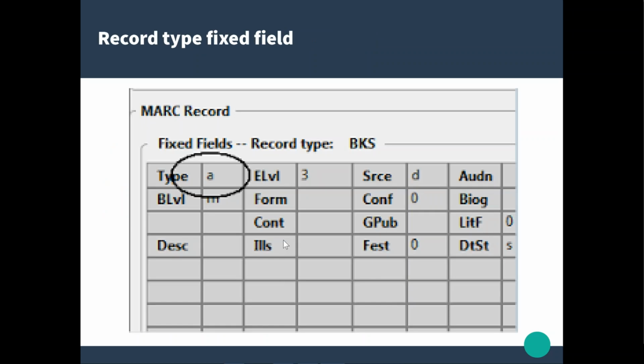And just to make sure everyone is aware, if you're trying to figure out what record type it is, you need to look in that little box at the top of the record, at the first box, which is the record type. And in this case, we've got a record type A, so a book record.